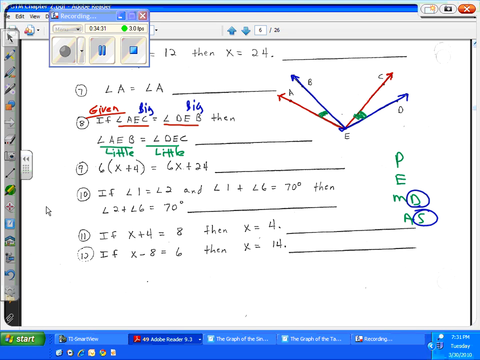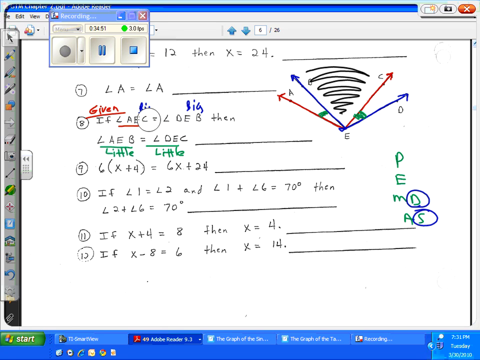Well, if you look at the situation, then what you would see is that that angle is a part of the red angle and it's a part of the blue angle. And if we took it away from both, you would end up with those little pieces.